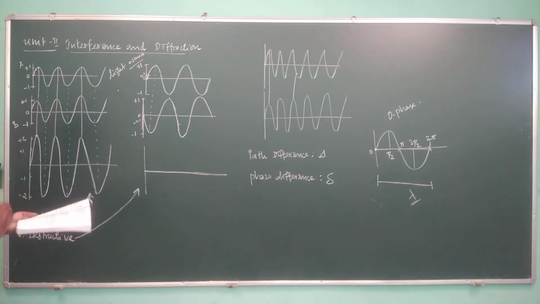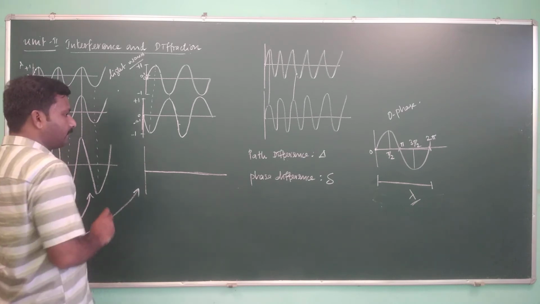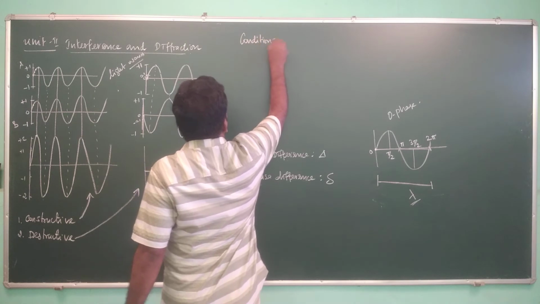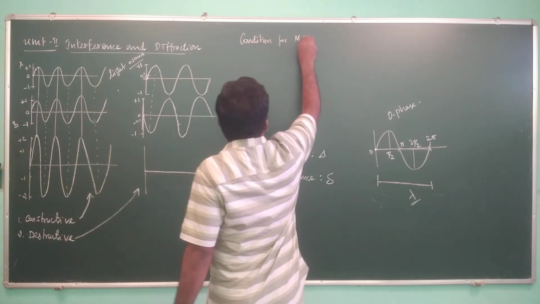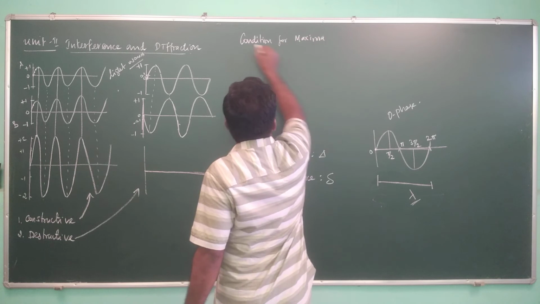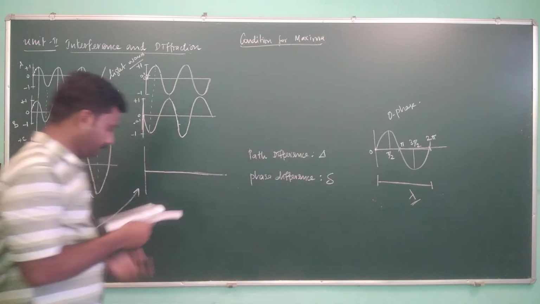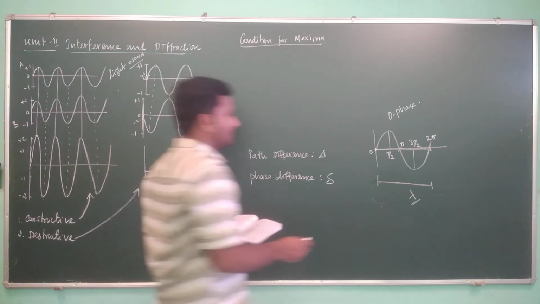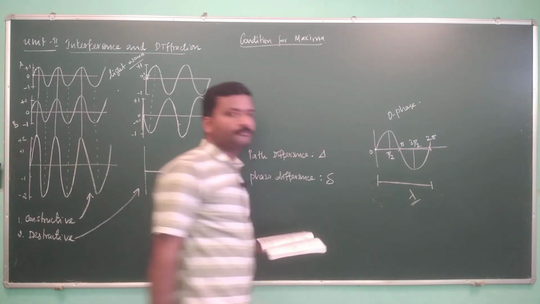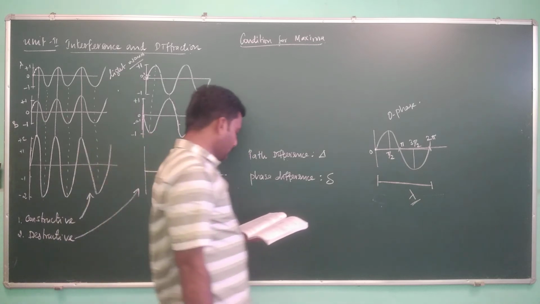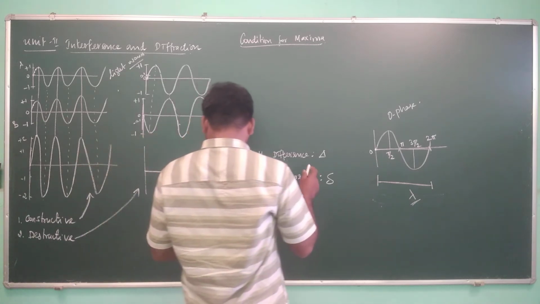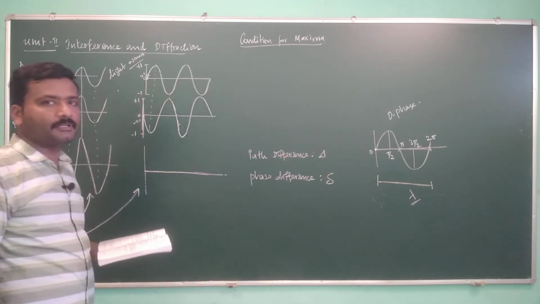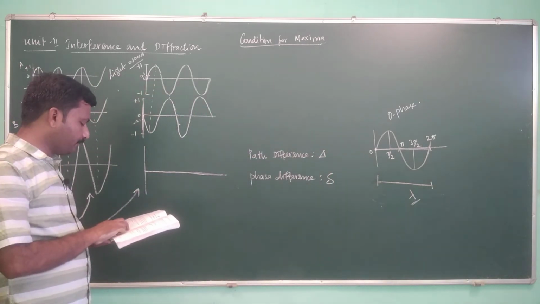Now let's write the condition for maxima. Here, let lambda be the wavelength of the interacting wave, small delta be the phase difference, and capital delta be the path difference.